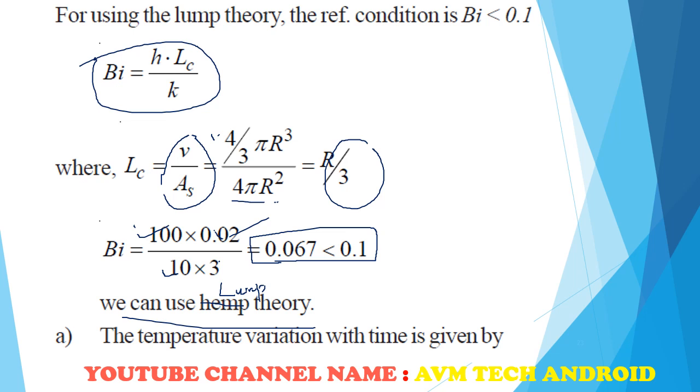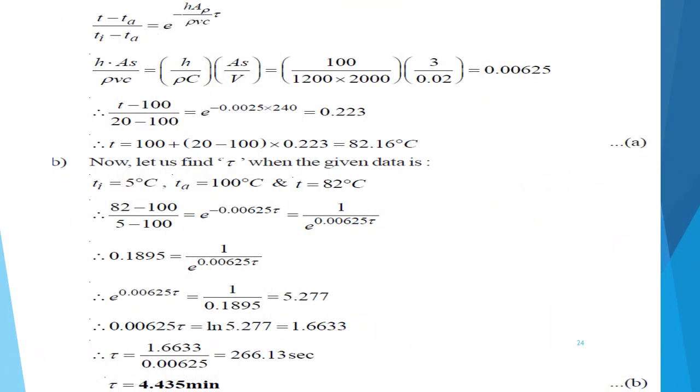So now what is the temperature variation in the first case? Quickly we can see the formula which is known to us: T minus Ta divided by Ti minus Ta is equal to e raised to minus hA divided by rho Vc into tau. That is h into As, the surface area, divided by rho Vc.